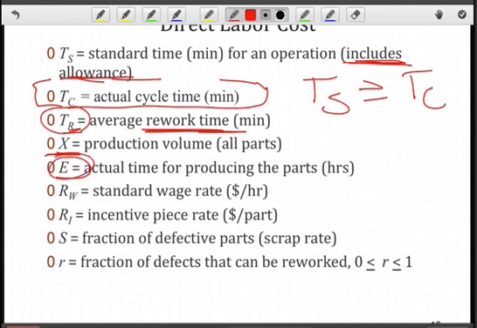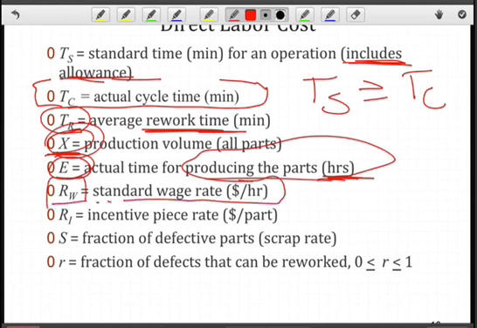Now we have E, the actual time that we're going to pass through in order to produce that number of parts X. So we express this in terms of hours to produce or to put X parts through our system, producing, of course, N good parts. R sub W will be our standard wage rate.